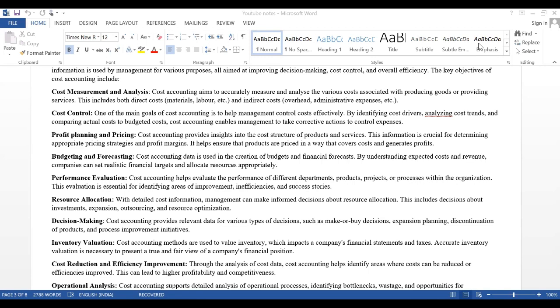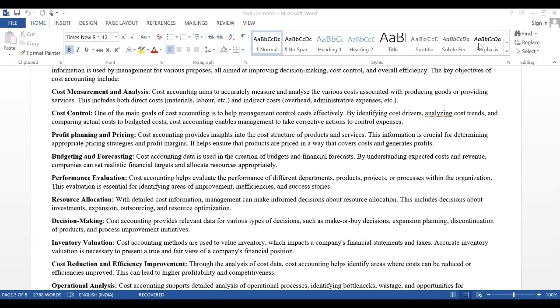Next is resource allocation. Resource allocation will give management detailed information, right? If you remember, when we prepare the cost sheet, we come to know how much we spent on which department and how much we are getting, because at the last we will get the profit as well as selling prices.